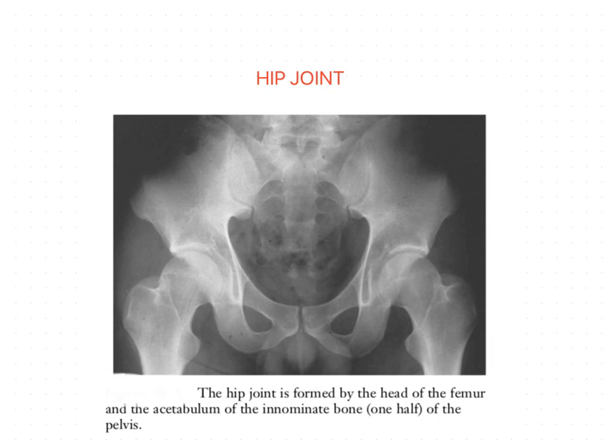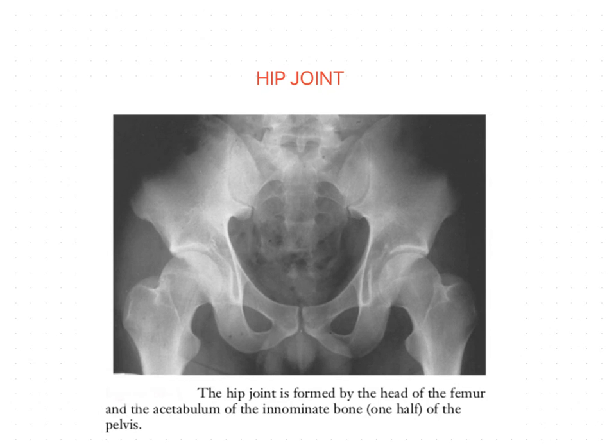Like that you have to know in this chapter. And also the hip joint pathology we are going to discuss in this chapter. Okay, now we'll start with the hip joint.